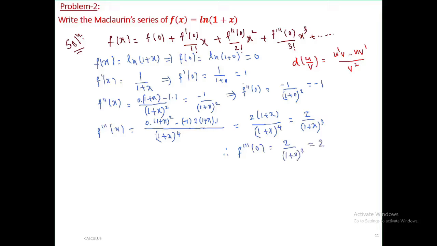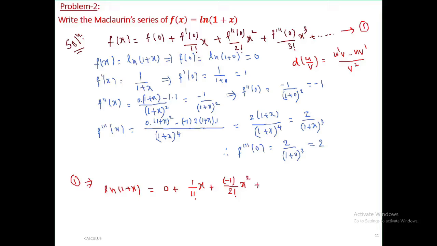So likewise, substitute back all those things here. Substitute back f(x), which means ln(1+x). ln(1+x) is equal to f(0), which is 0, plus f'(0), which is 1, so 1/1! times x, plus f''(0), which is minus 1, so minus 1/2! times x squared. All the values I am plugging back.